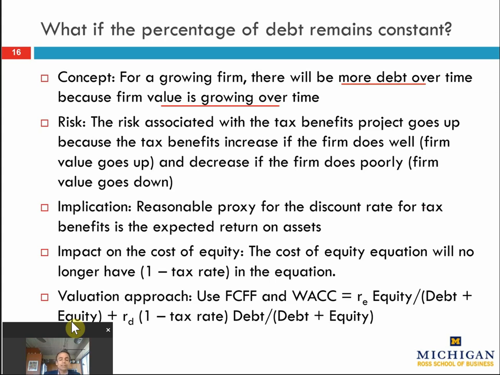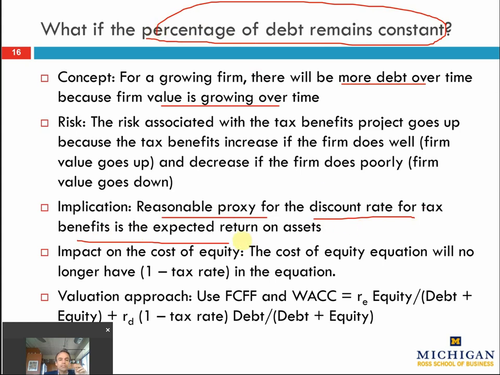That means that the discount rate should somehow reflect the risk of the underlying assets. And the implication of this argument, which is not a mathematical proof, it's an argument, is that a reasonable proxy for the discount rate for the tax benefits, if you're going to assume that the percentage of debt remains constant, is the expected return on assets itself.